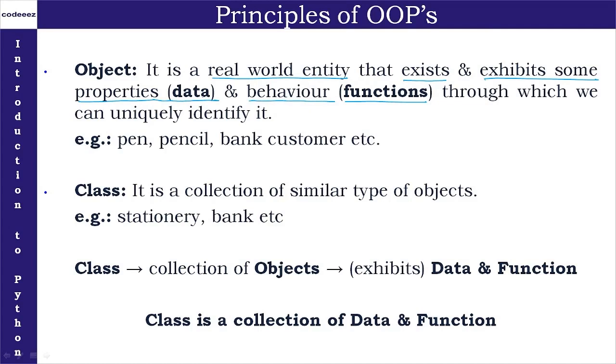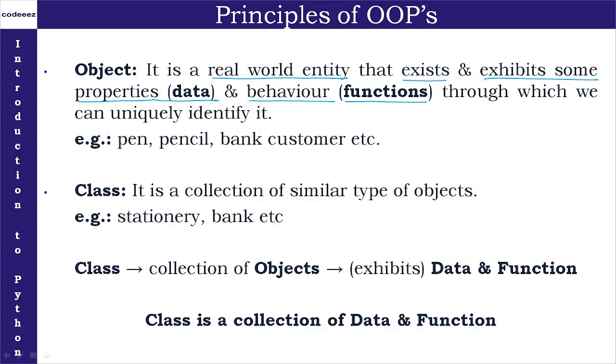For example, suppose I talk about a bank, right? So a bank has multiple customers. Now how are those customers identified in a bank? Those customers are identified in a bank by their own data, that is by their own attributes: what is their name, what is their unique identification number, what is their permanent account number, and what is the account number in the bank itself.